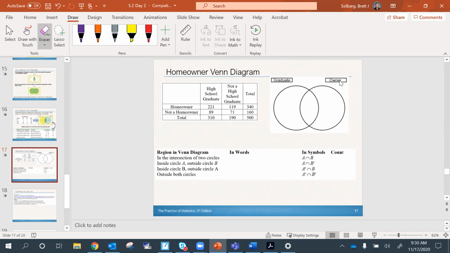The second circle is for those who are homeowners. What I want you to do is put the numbers in the right spot so that this Venn diagram illustrates what's going on in this two-way table. If you need to, draw this out real quick on a different paper. I think this is in your alternate examples if you have your notes. I'm going to give you 30 seconds to try to fill that in, okay? 30 seconds, go.